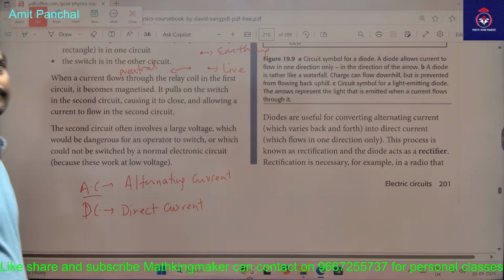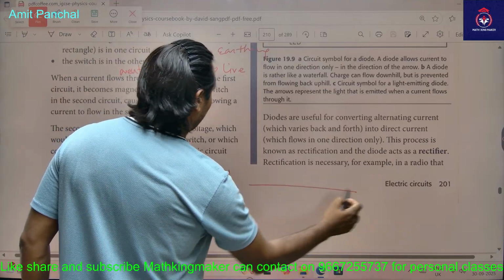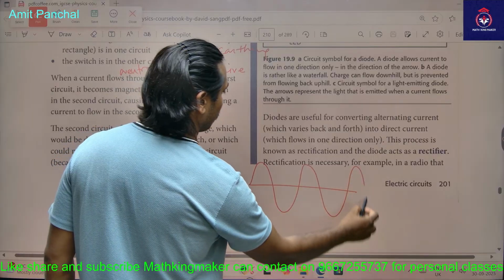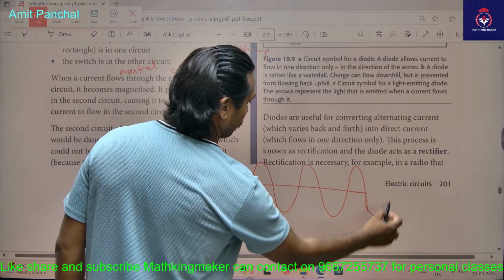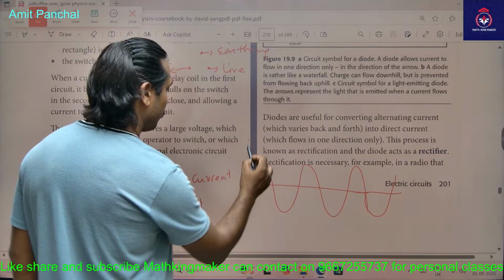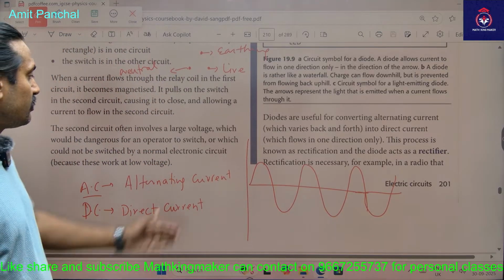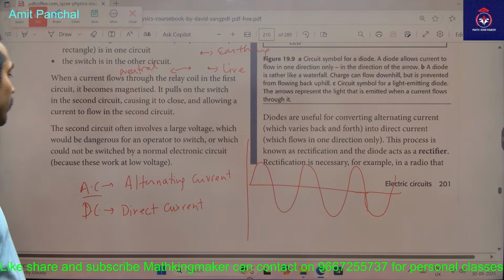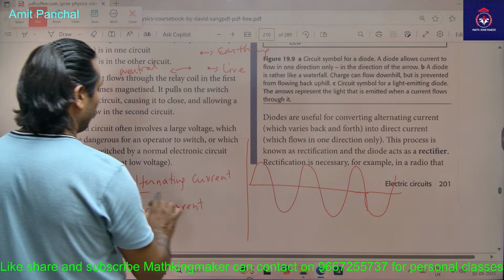Why is it called alternating current? Because that is the representation of alternating current. It is changing its direction, isn't it? It's a sinusoidal wave, so that's why it is called alternating current.